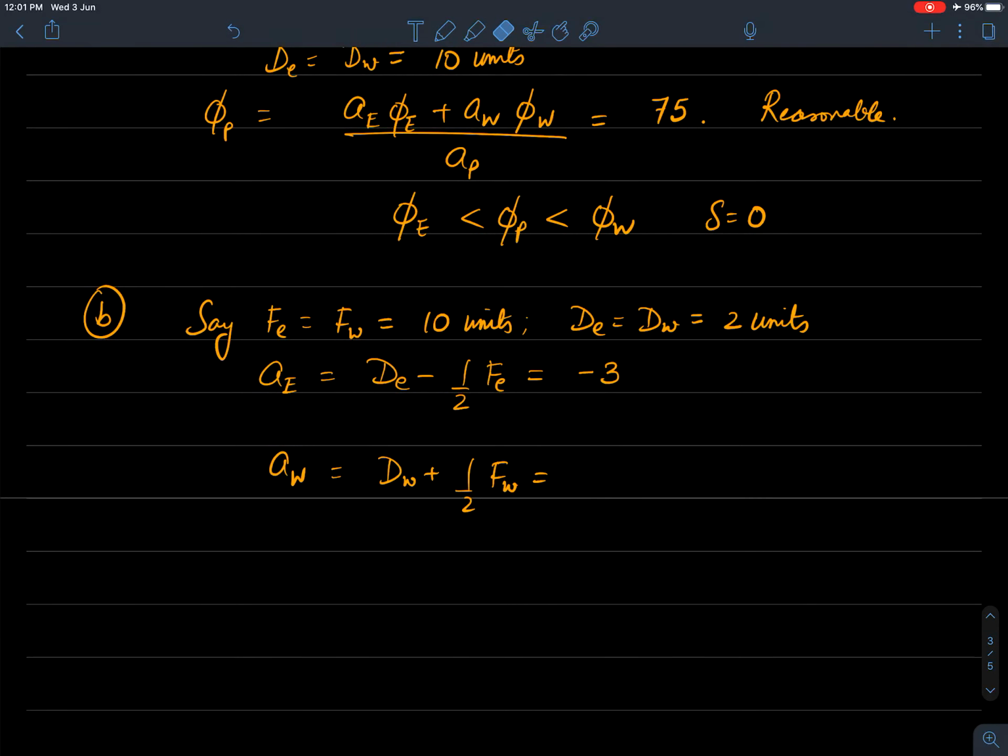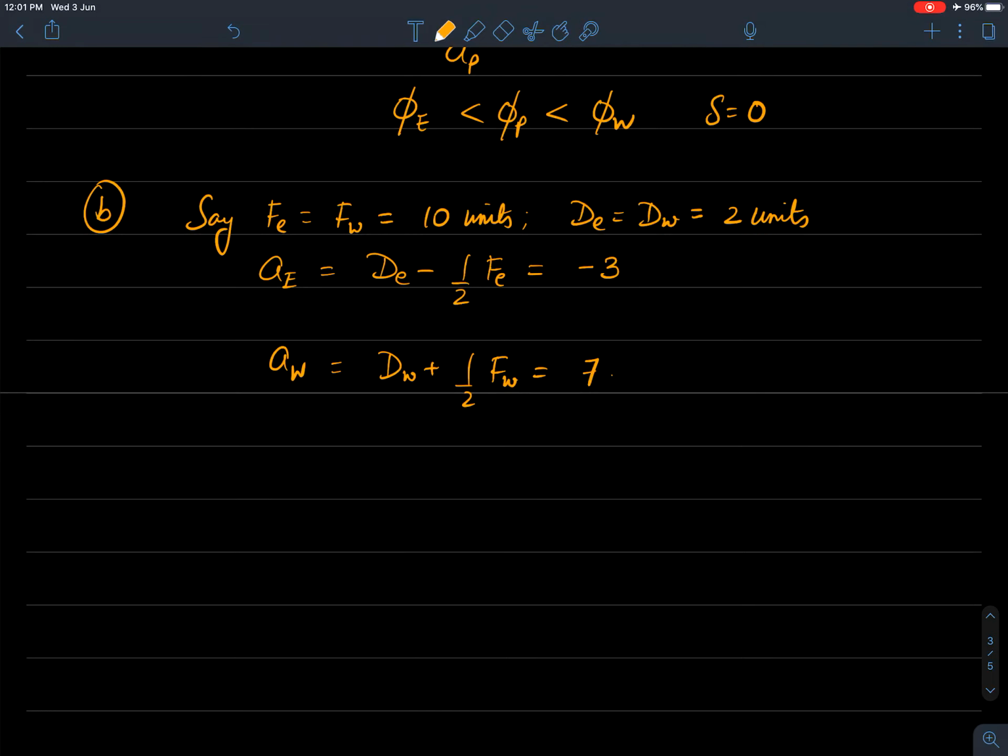No, sorry, not 13. It's 2 plus 5, so that's 7, sorry. And by the way, once we have this, AP becomes 7 minus 3, which is 4. And so phi P now comes out to be 175.